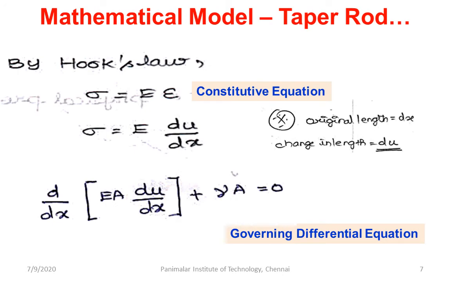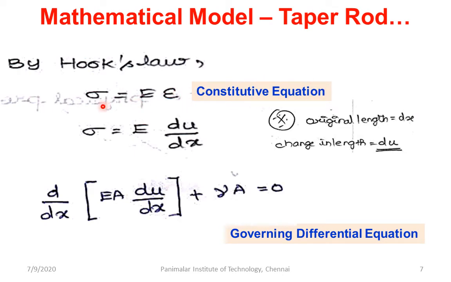Now we know Hooke's law, which is nothing but the constitutive equation which is going to be applied here. Stress is equal to Young's modulus multiplied by strain. That is, stress is proportional to strain, and E is the proportional constant. This is called the constitutive equation here.